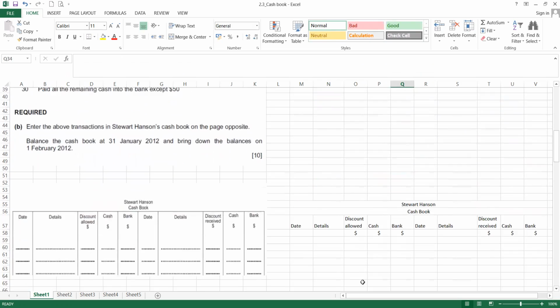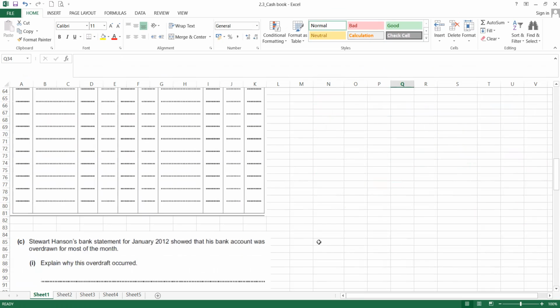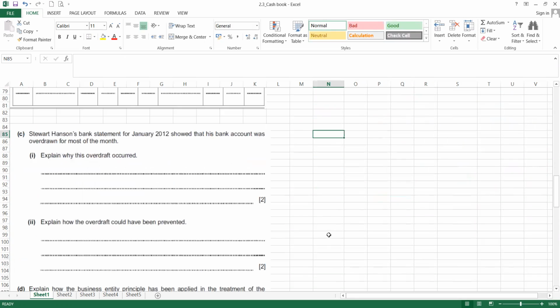So the next question, the C. Here they're asking about Steve's bank statement. Okay, sounds like this is something related to the bank statement and also the cash book bank account. Sometimes it's related to the bank reconciliation statement.